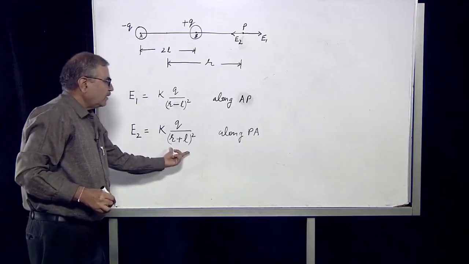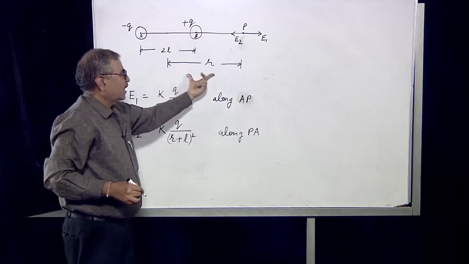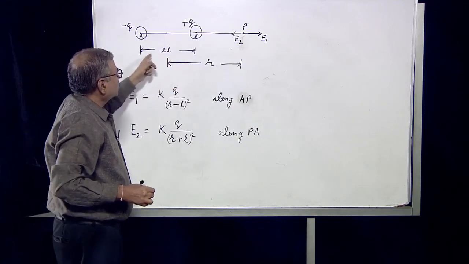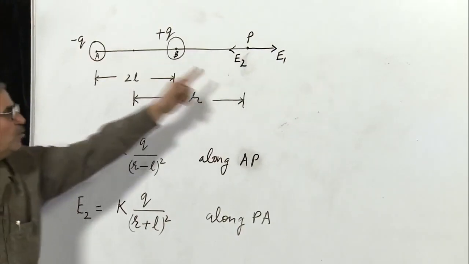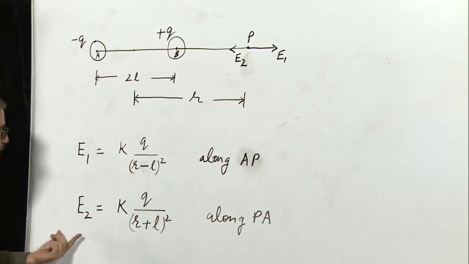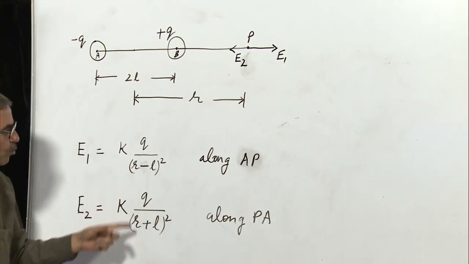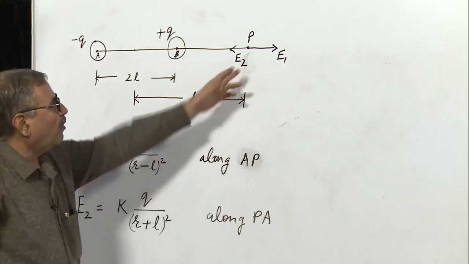Why is it R plus L whole square? We are taking the negative charge. This distance is R. So, L has to be added to it. Then it will become the distance between minus Q and P. So, we have taken R plus L here. So, E2 is equal to K Q upon R plus L whole square, and its direction will be from P to A.